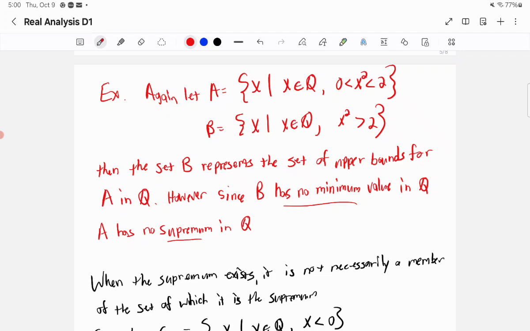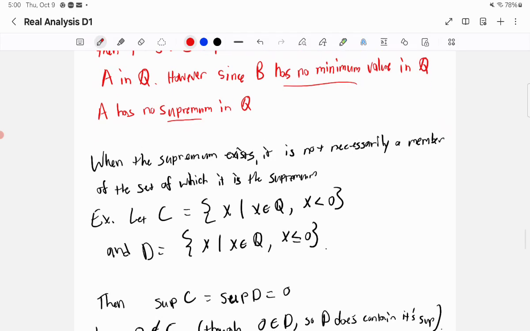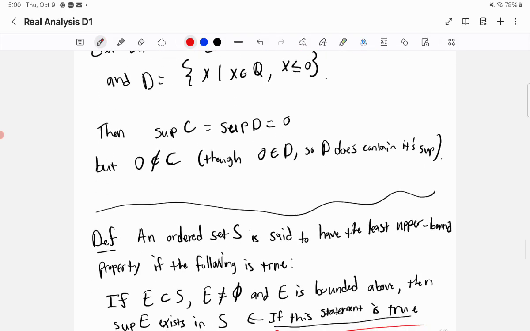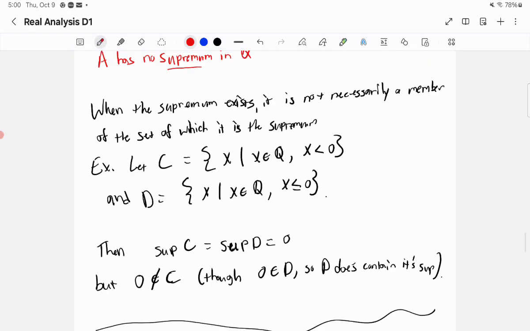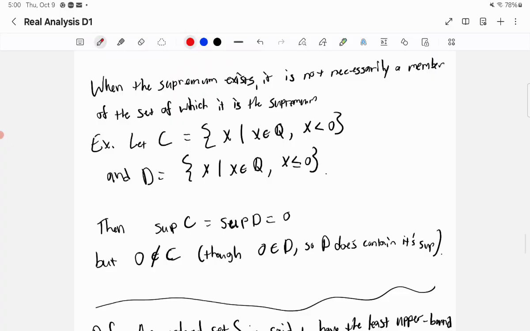So this is going to be a key point, and this is going to be the reason why we have the next definition that we'll get to in a moment. Okay, so we want to know the conditions under which the infimum and the supremum exist, because we've just shown that it's not necessarily the case that they do. But let's now show a case where the infimum and supremum do exist, okay?